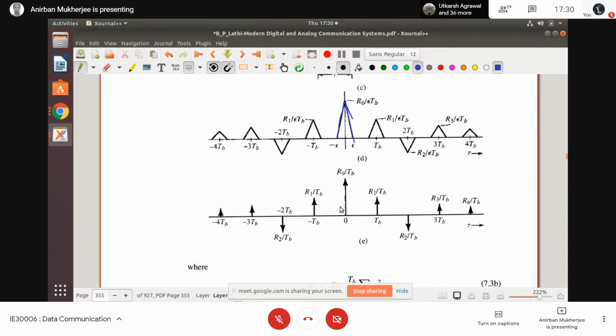I am getting the expression of a triangle, and please remember this is in terms of tau.